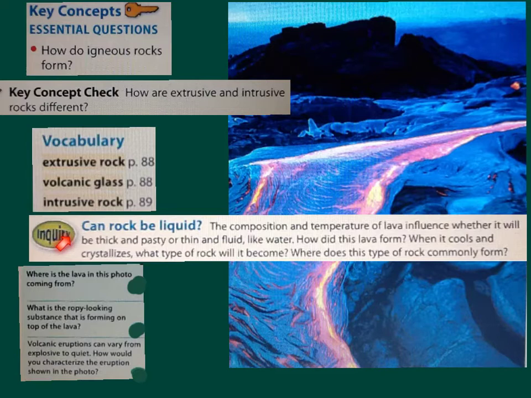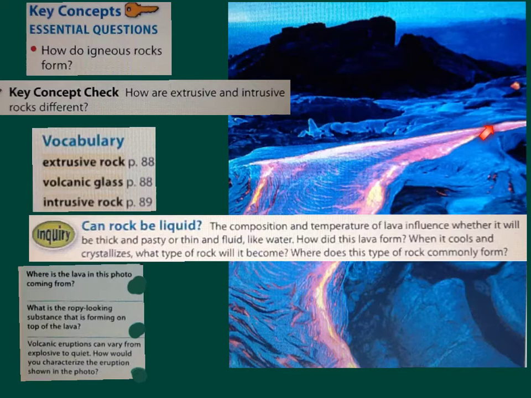Lavas that form from felsic magma are much thicker and do not flow as smoothly. So in this picture, you can see that it's a thin and runny type of magma, which is called mafic magma. Okay? How did this lava form?